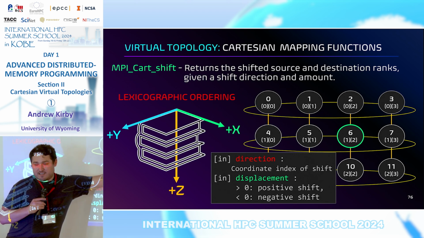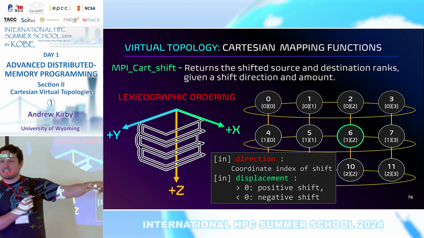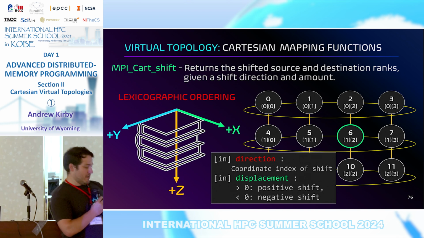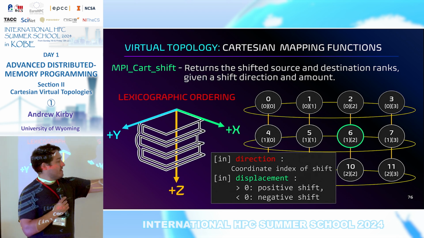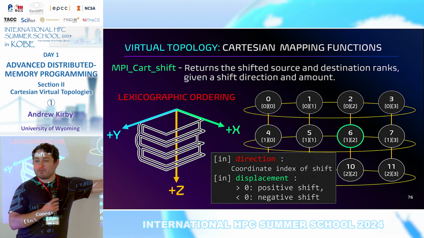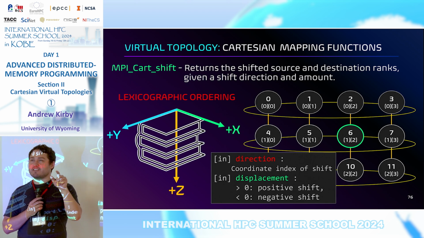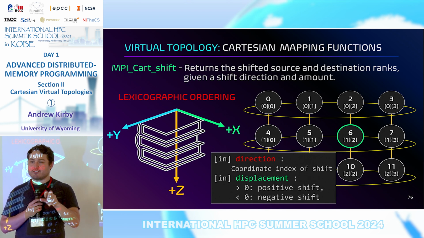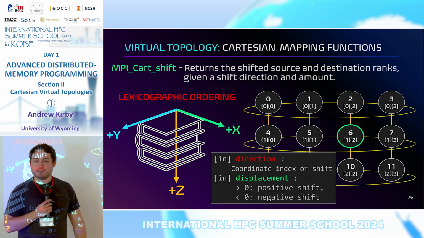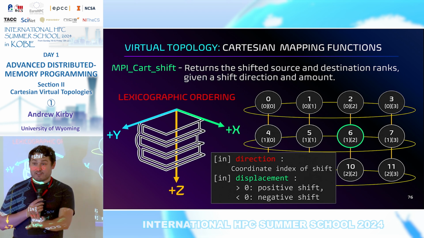Let's suppose I'm at 6, and I say in the y direction +1. Who do I send to? Do I send up or do I send down? So positive direction, I'm sending in the positive direction. Which one is the positive one? This one or this one? Down, okay?